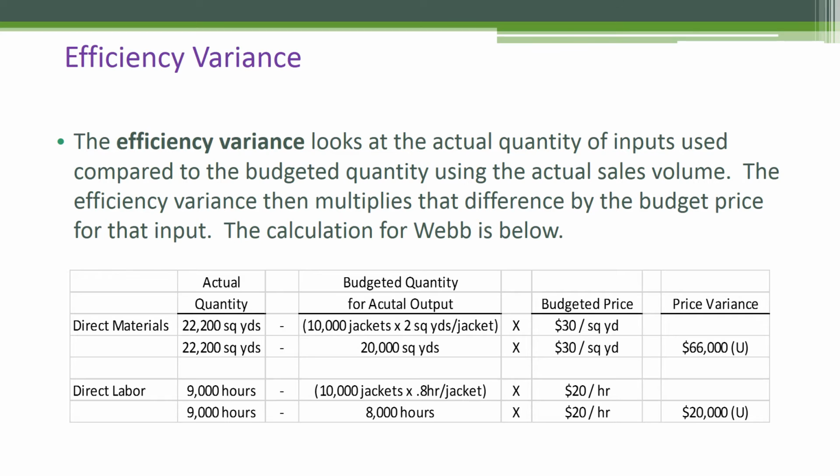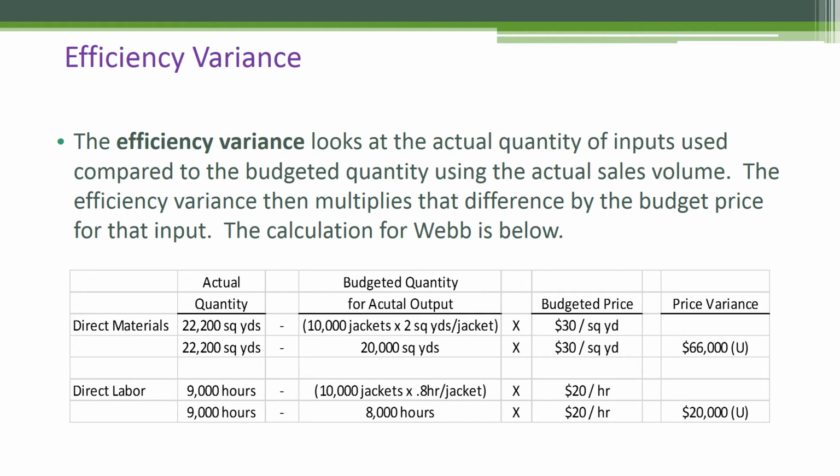So we take our 22,200 of what we actually used, we subtract the 20,000 that we thought we would use, and that gives us a 2,200 square yard variance, which when multiplied by the $30 a square yard gives us a $66,000 unfavorable variance, meaning that we used $66,000 more material than what we had anticipated using.